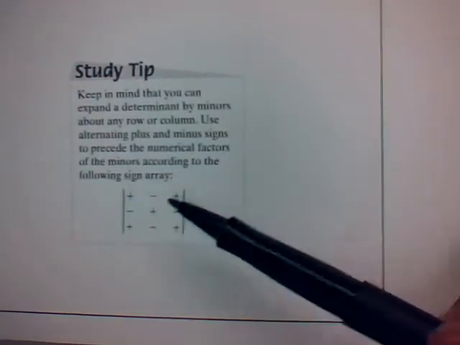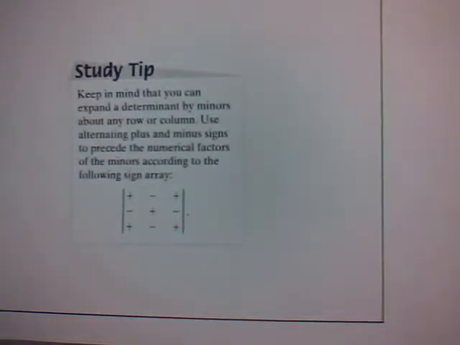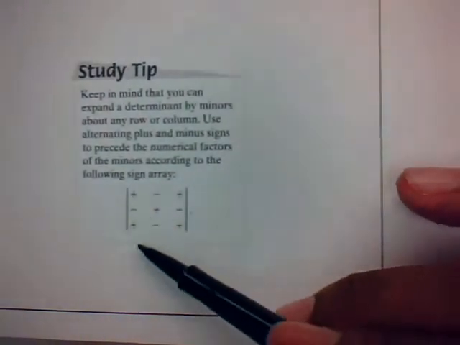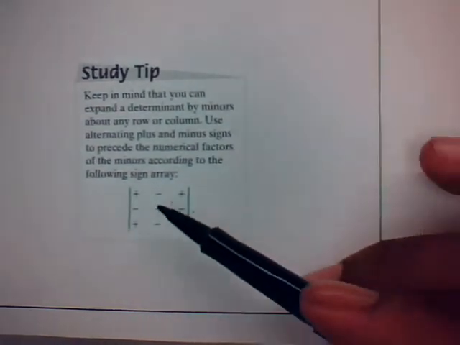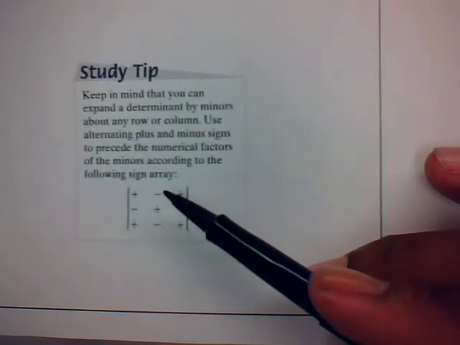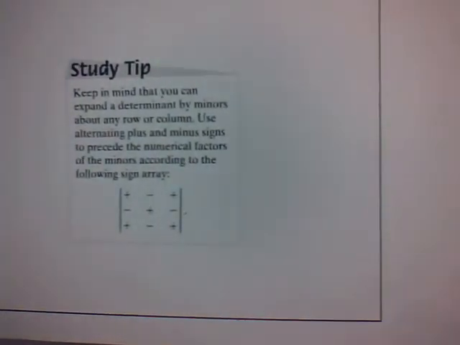We alternate plus and minus signs. So if you were using this first row here, then it'll be plus, minus, and then plus. But if you want to use the second row, it has to be minus, then plus, then minus.